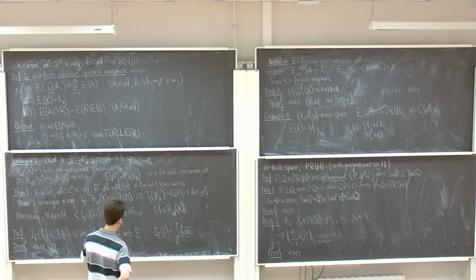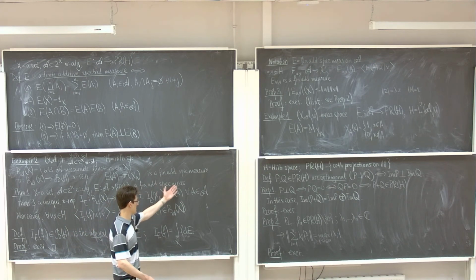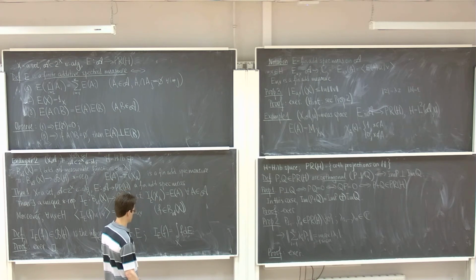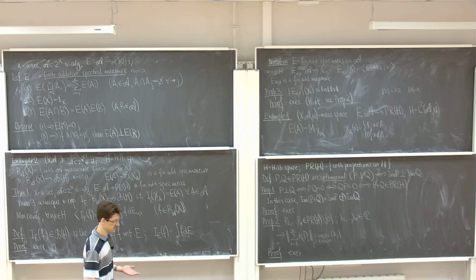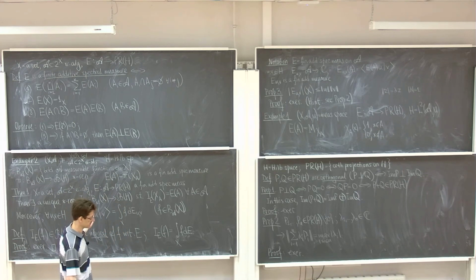Actually, what we have to do is the following. First of all, extend this formula by linearity to simple functions, that is, to finite linear combinations of characteristic functions, just like in the case of the usual Lebesgue integral. And then we observe that the resulting map, which is now defined on the algebra of simple functions, is a continuous star representation.